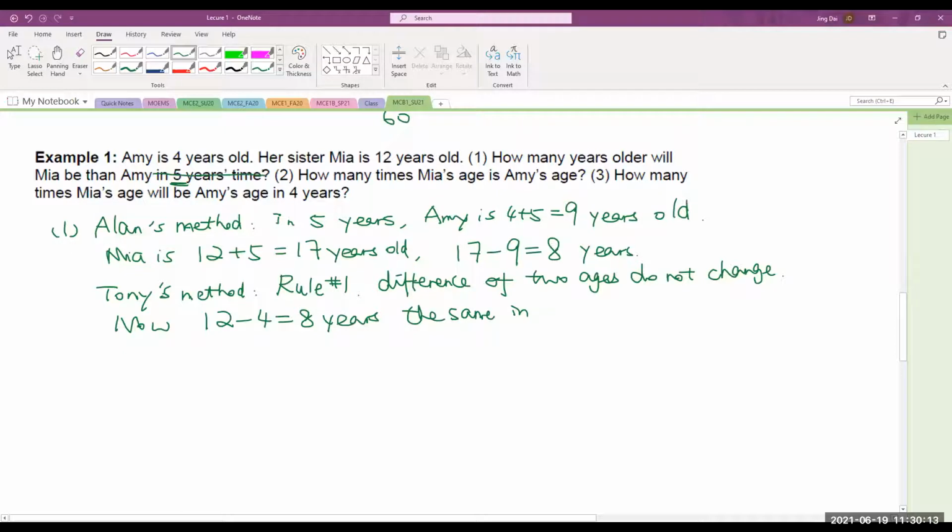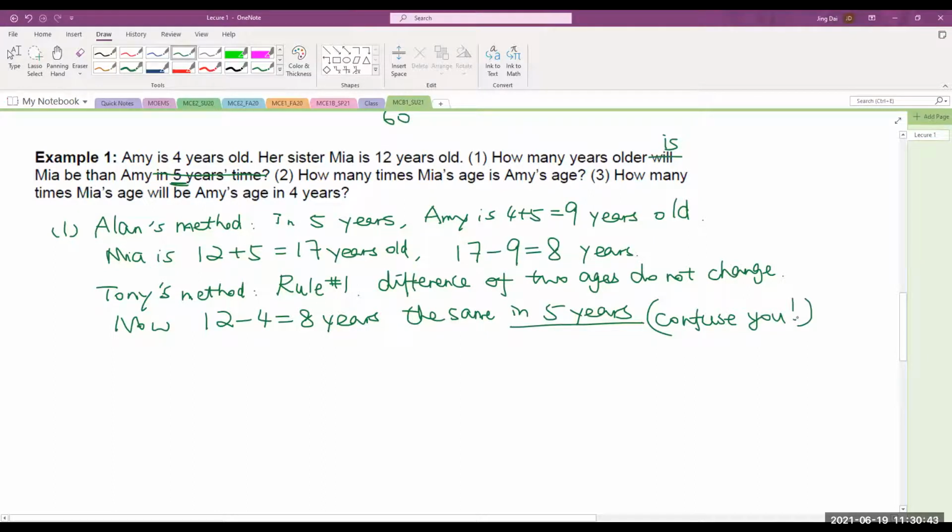It's basically just asking how many years older Mia is than Amy. 8 years, the same in 5 years. So this 5 years information is just to confuse you. It does not serve any purpose.